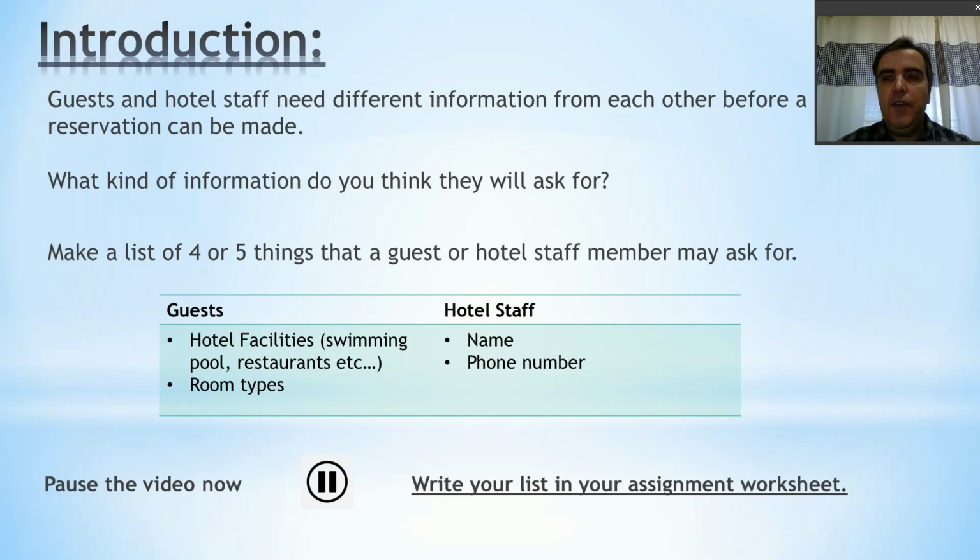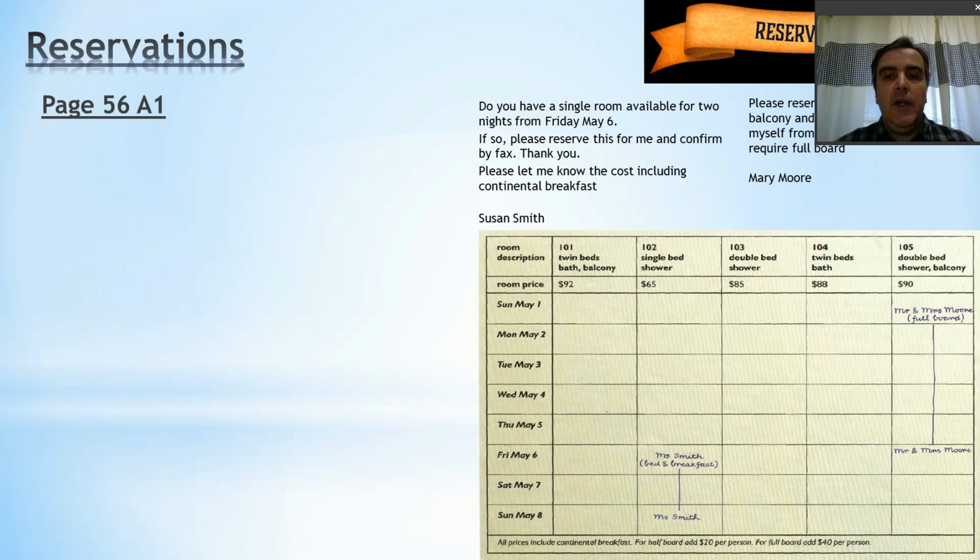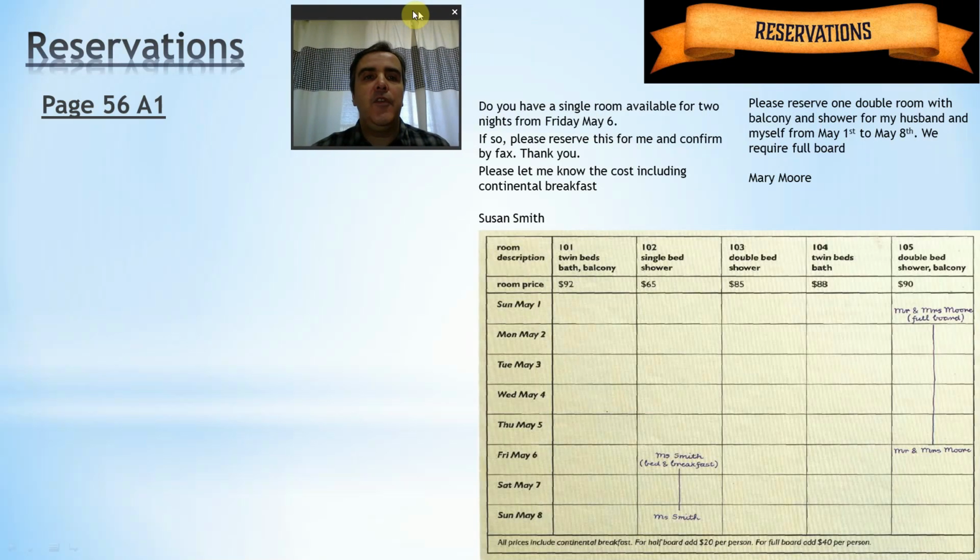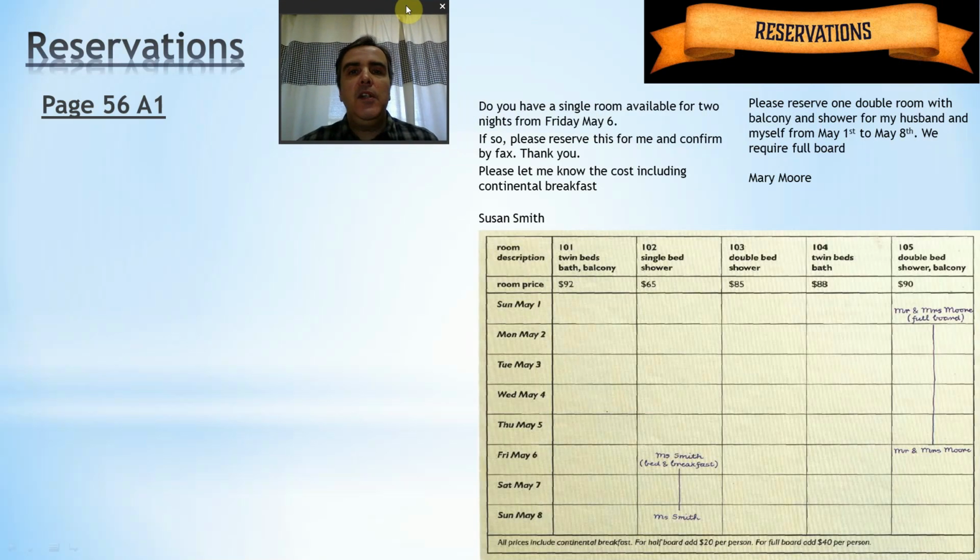Okay, so hopefully everybody has written down 5 things for the guest and 5 things for the staff member. So, maybe this part will help you as well with the first part here. So what we're going to move on to now is looking at reservations.